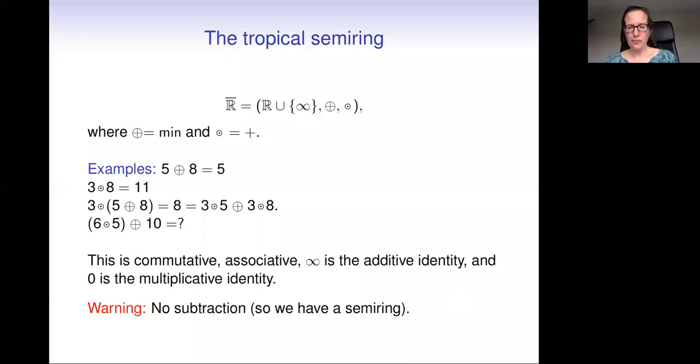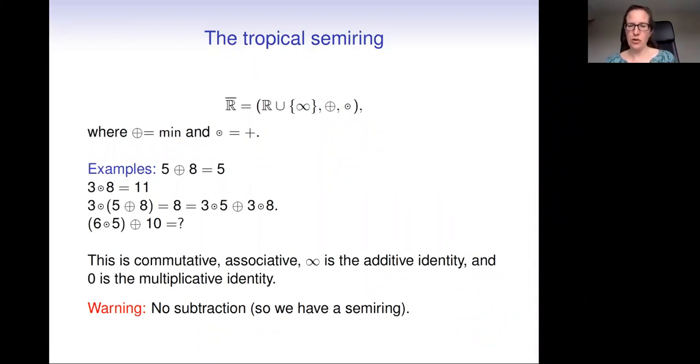So 29 times 0, in usual arithmetic, that's 29 plus 0, so it's just 29. So 0 is the multiplicative identity. The only thing we're missing is that there's no subtraction. So that makes this into a semi-ring. The idea here is that addition makes R bar, so R union infinity, into a monoid, an abelian or commutative monoid, but not an abelian group.